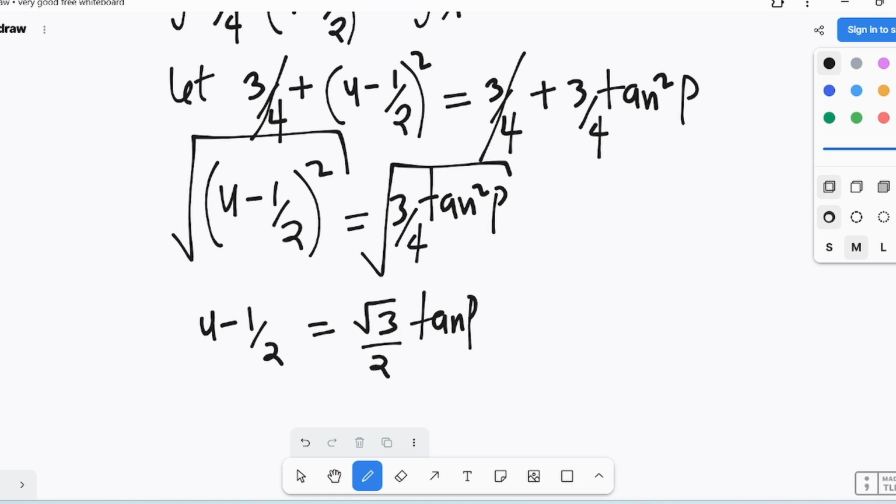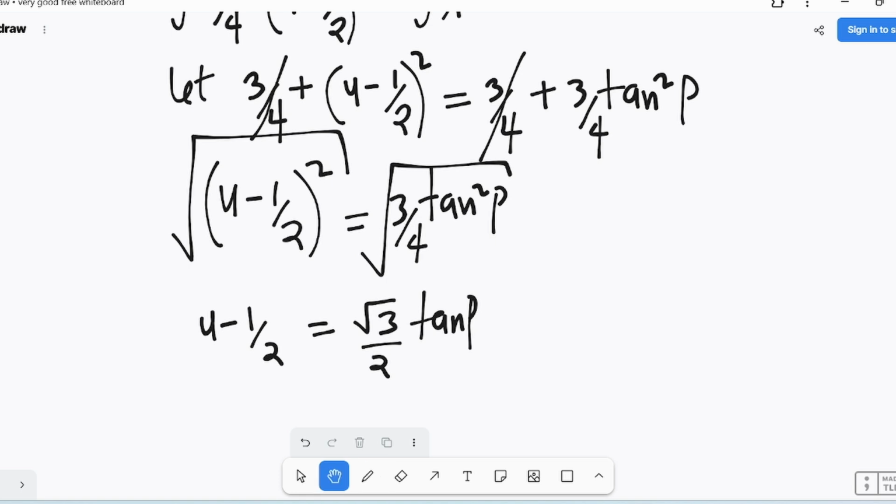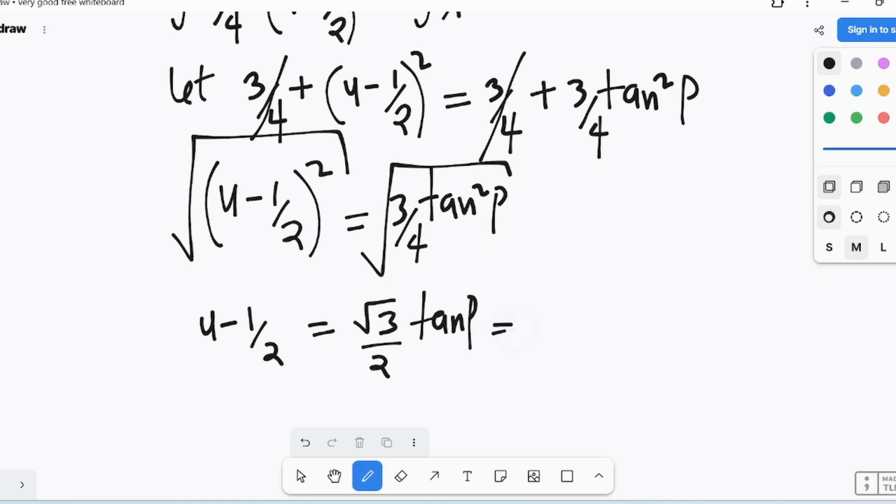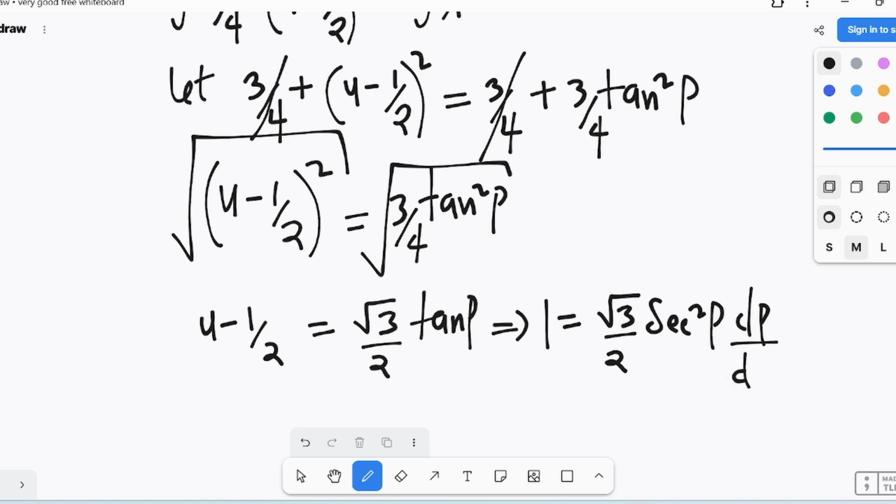Now we can differentiate both sides. When we differentiate both sides with respect to u, we shall have 1 is equal to root 3 out of 2 sec squared p dp du.